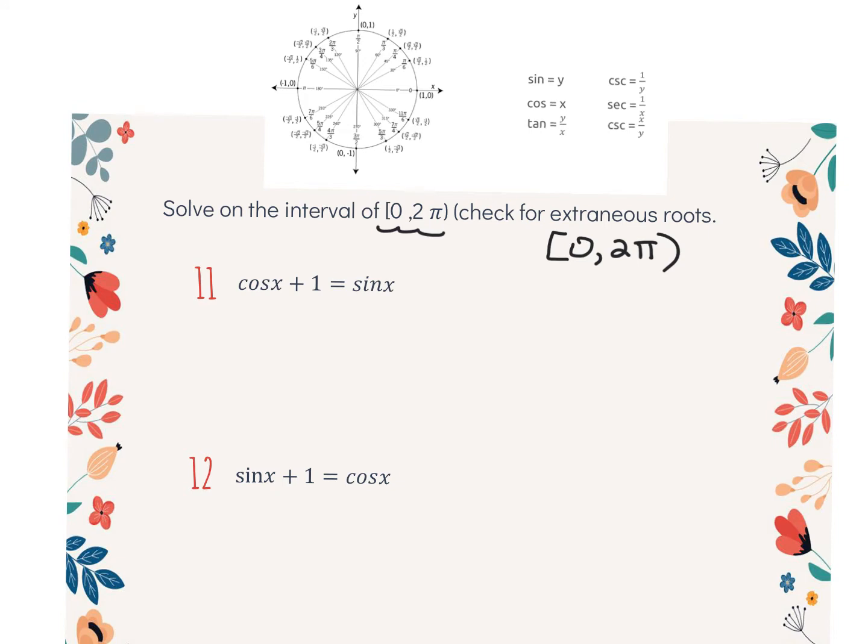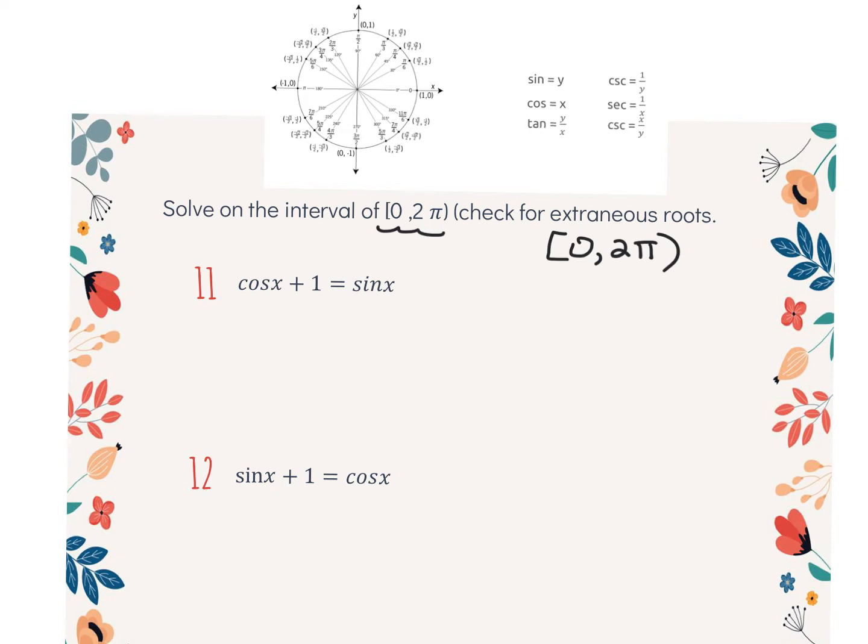Now, for these two examples, 11 and 12, notice both of them only have sines and cosines left in them. I can't do anything else to simplify this any further the way it's written. So the technique I'm going to use to figure out what angles will satisfy this is to square both sides of my equation. We did this when we solved radical equations.